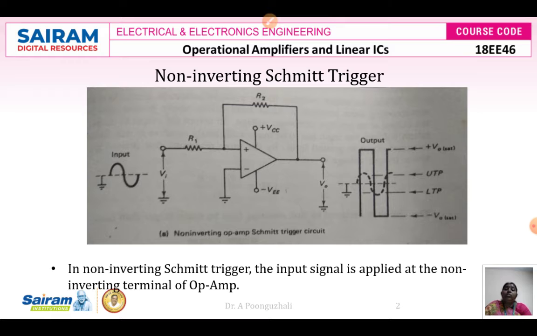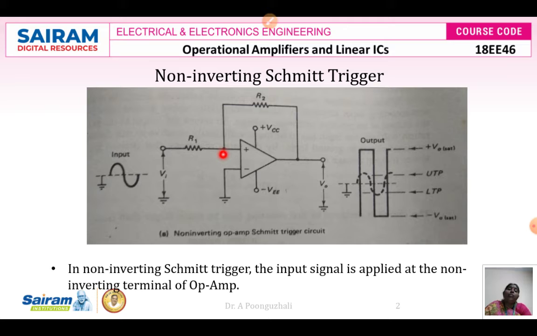Now we assume that the input voltage is at ground potential. Because of the offset voltage that is generated, we can assume that the voltage at this point, the non-inverting terminal, is negative. If this voltage is negative, then the voltage at the output is also negative, because whatever voltage I give, the same polarity is reflected.